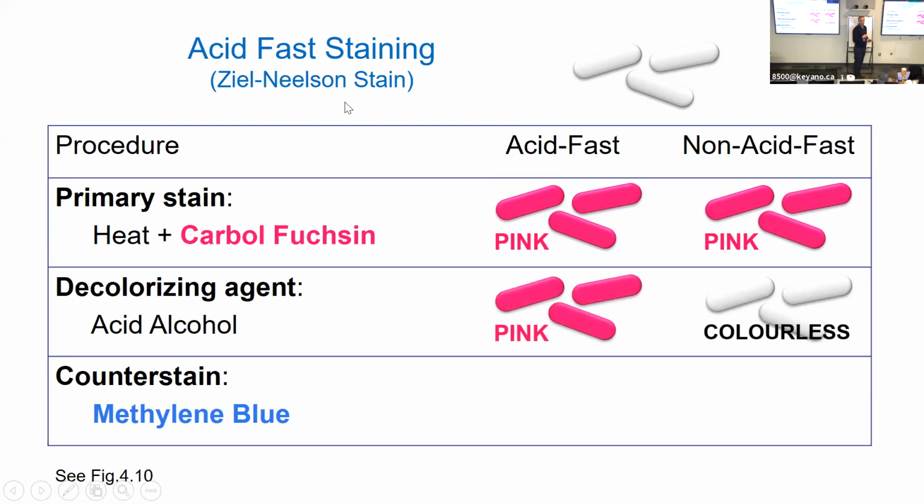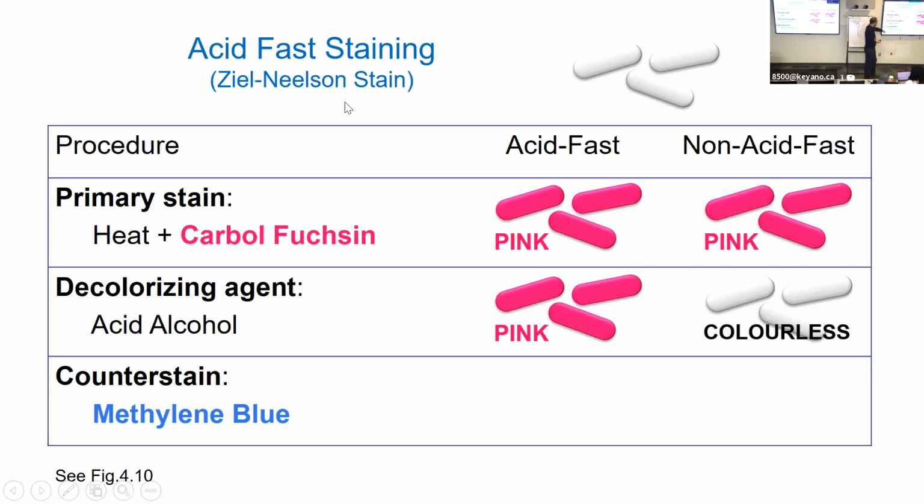Then you have a decolorization agent, a strong acid alcohol, and in many cases, this acid is enough to wash away the stain. But in the case of the acid-fast Mycobacterium cell, the wax cools off and locks in the stain. So the acid-fast cells are going to be pink, and everything else is going to be uncolored at this stage.